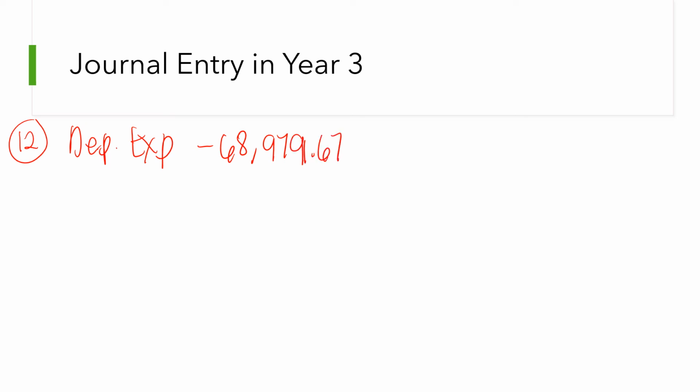Okay, so for year 3, our journal entry will include again the recognition or accrual of depreciation expense. This will happen at the end of the year, or in the 12 months. So our journal entry in straight line is depreciation expense, 68,979.67.